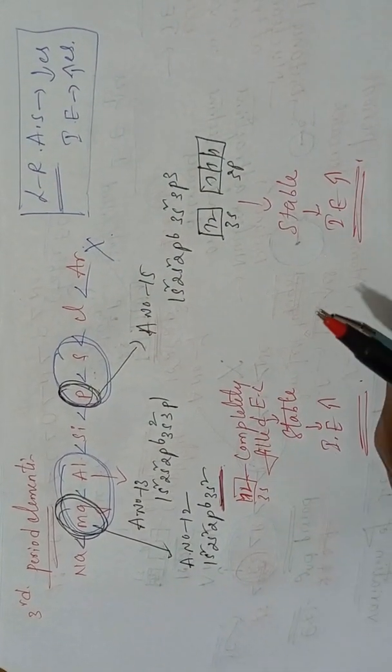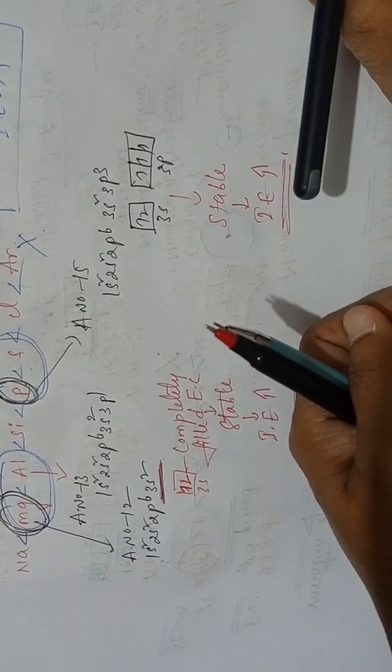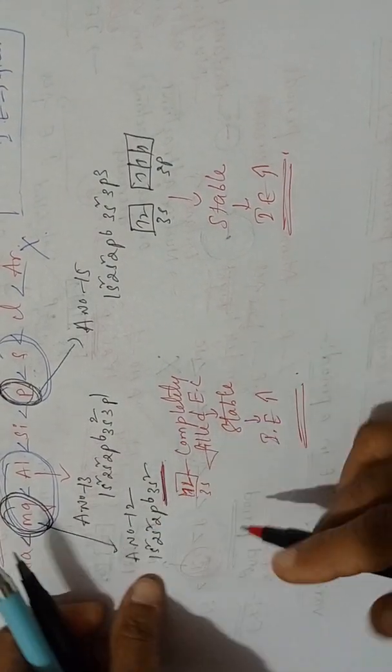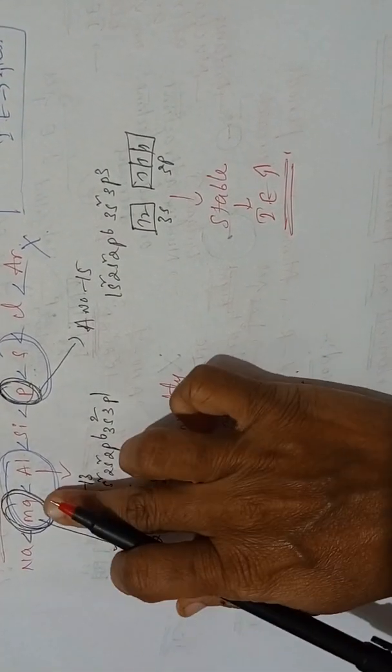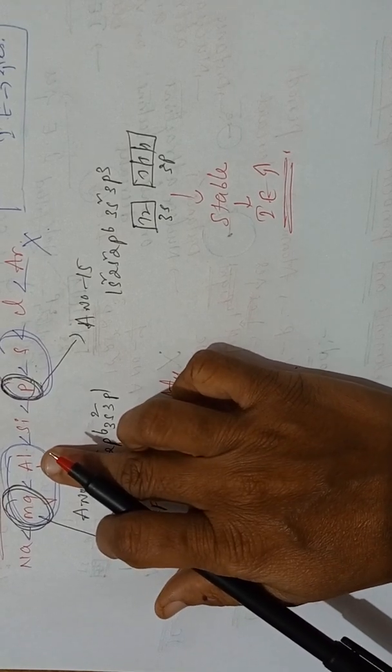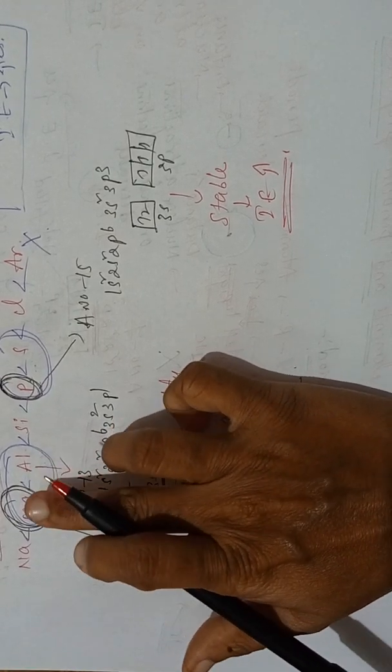Are you clear? Now what is the correct order, students? See here, sodium first, then magnesium, then aluminium after magnesium.